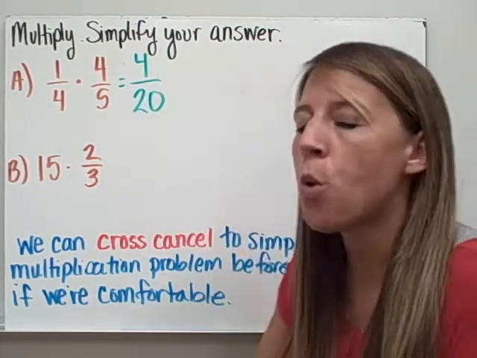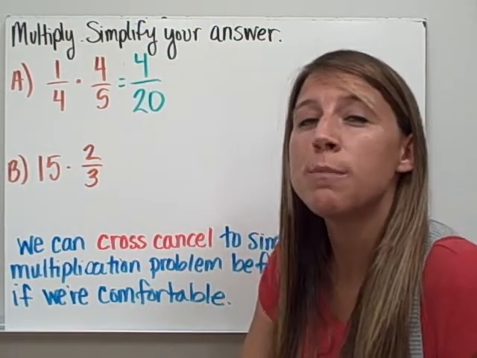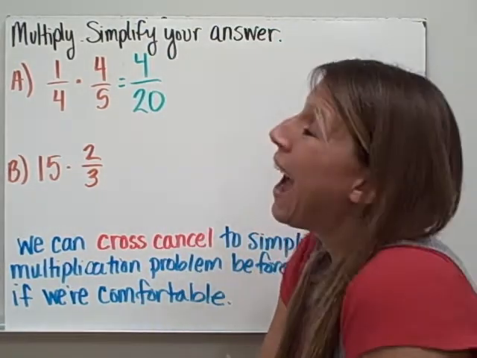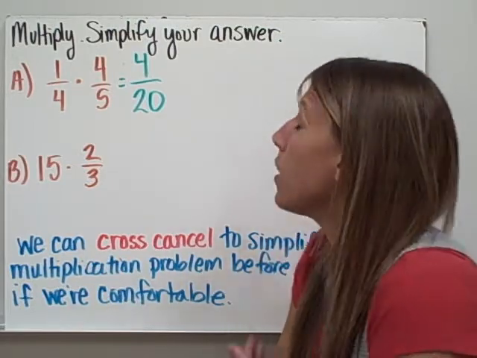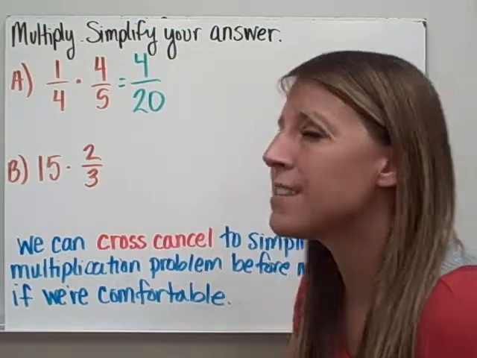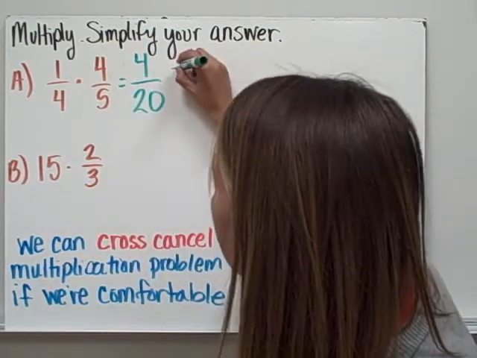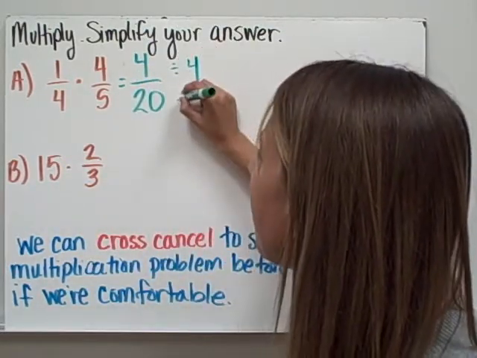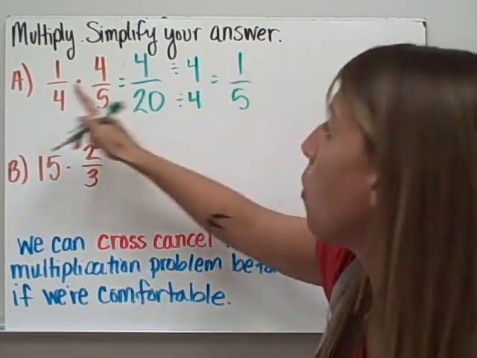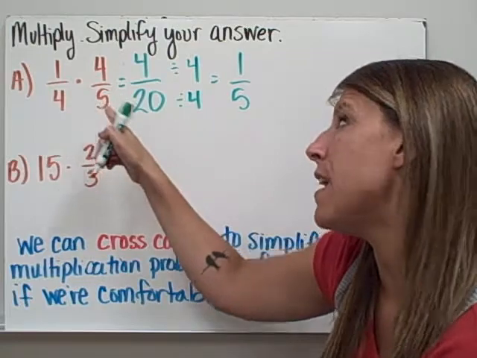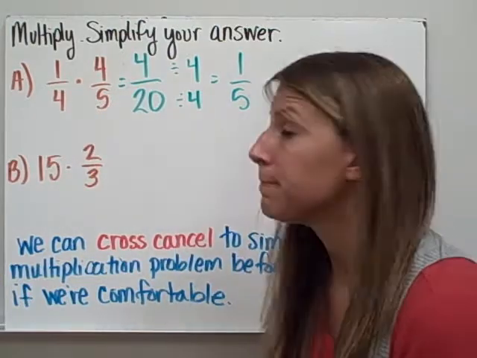Now looking at 4/20ths, both of those numbers are divisible by 4. I know this because 4 is divisible by 4 and 20 is divisible by 4. So to simplify all the way, I divide both the numerator and the denominator by 4 to get 1/5. So 1/4 times 4/5 is 1/5.